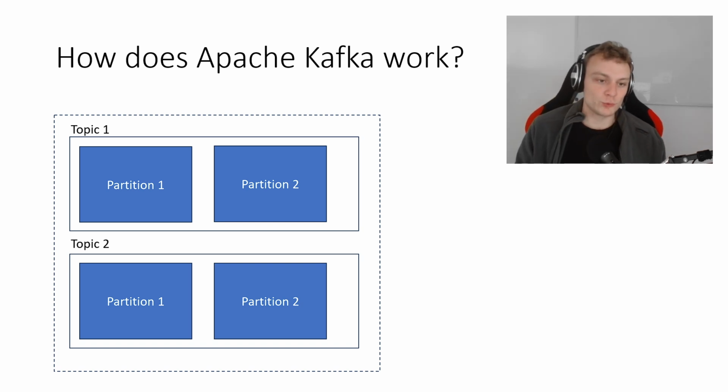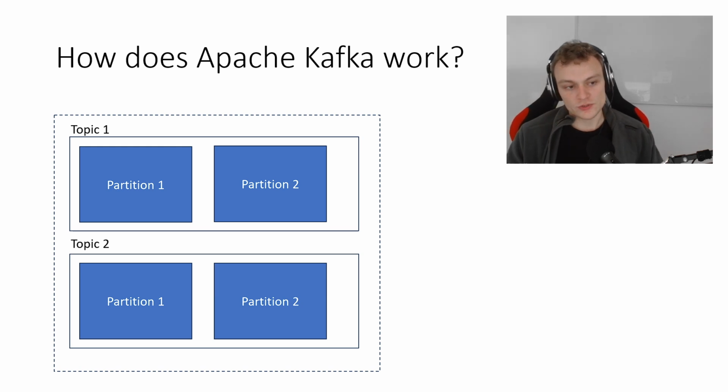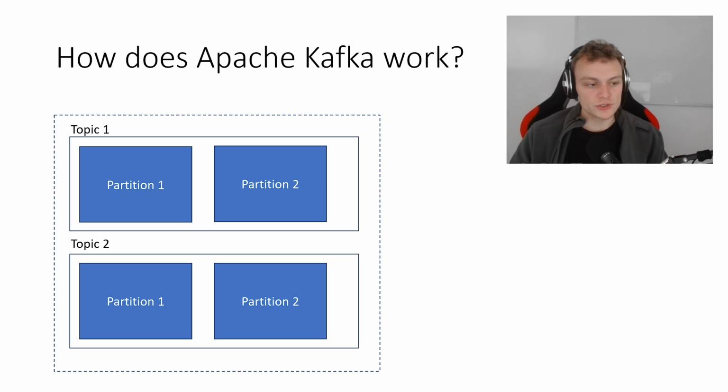For example, when users publish messages to Apache Kafka, they send these messages to a topic, and then they can also choose a partition to publish them to. And the partition could be, for example, the first letter of the message.